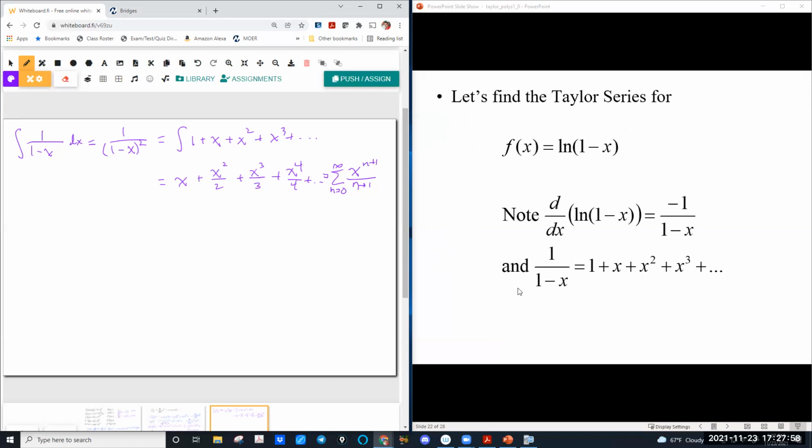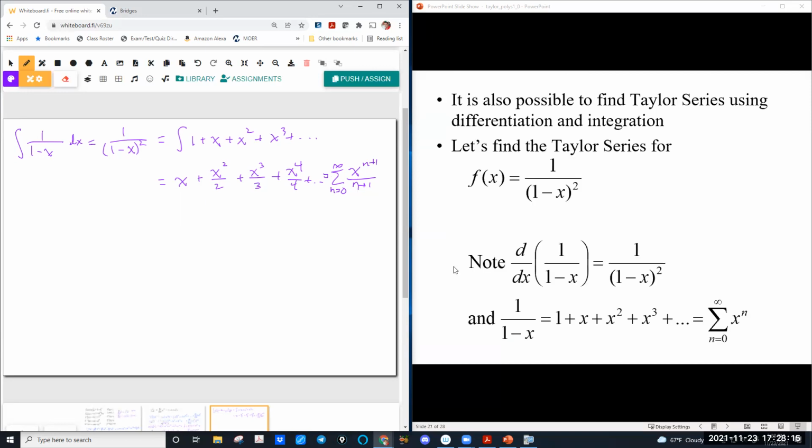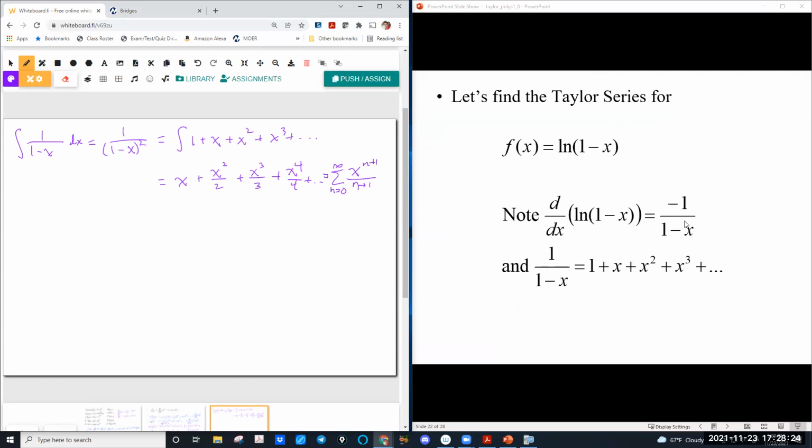All right, we can also do this via differentiation. Oh geez, okay. We just did that one, I just did that one backwards. I did the antiderivative of 1 over 1 minus x, and then we have to incorporate the negative.